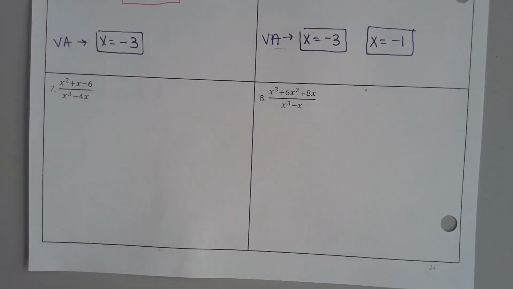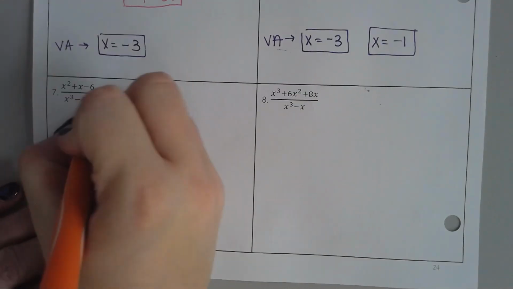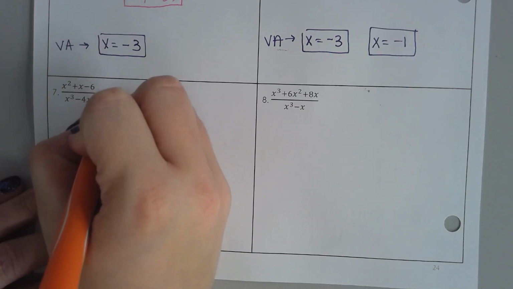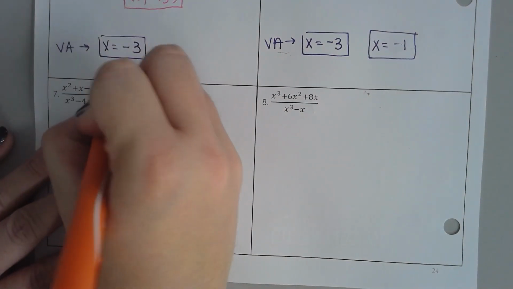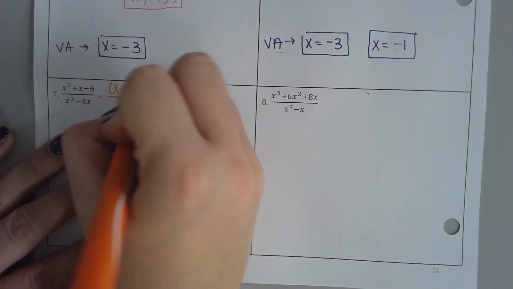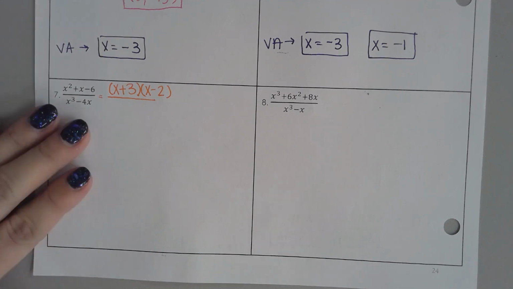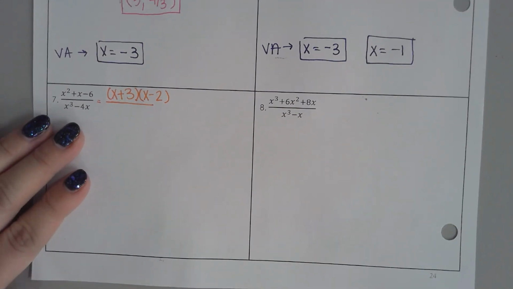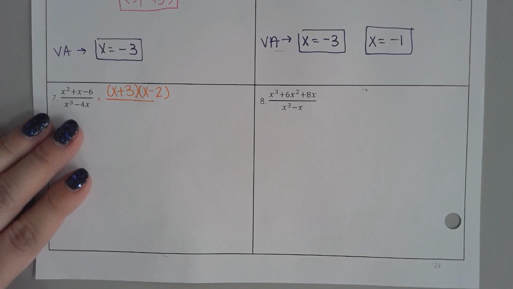Number 7. I need two numbers that multiply to be -6 but add to be +1. +3 and -2. All right, now this denominator, it has a GCF.